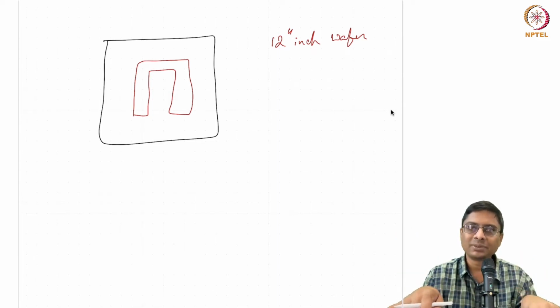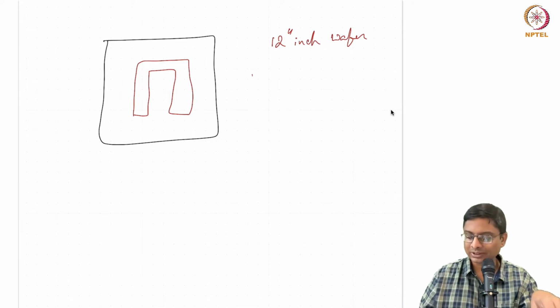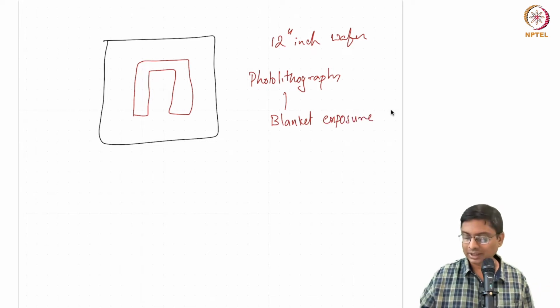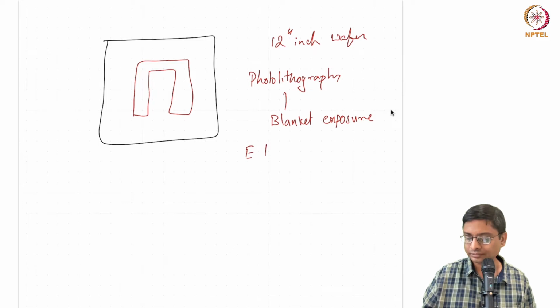But if you write with an Ebeam process, so this is basically photolithography, which is basically blanket exposure. All over it, one shot. But electron beam lithography is basically raster scan.